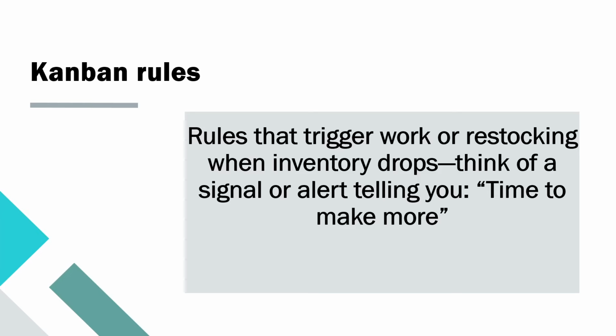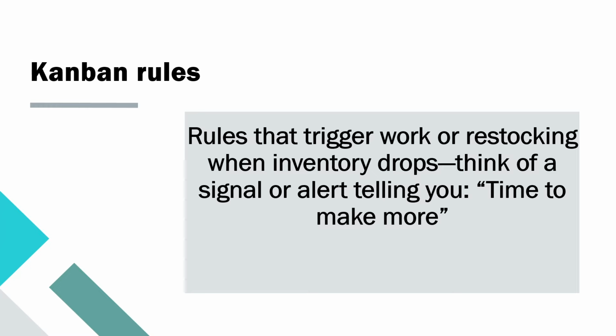So the next term is Kanban rule. A Kanban rule defines when, how much, and what type of item should be produced or moved when a signal is triggered.